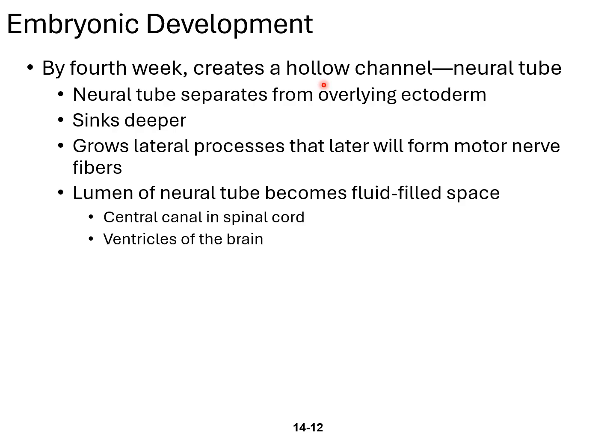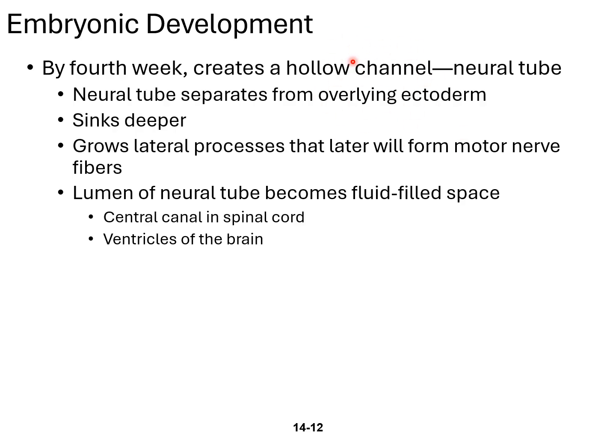So if you go back to spina bifida, how does it involve the fourth week? Because by the fourth week in embryonic development, you don't have a crest anymore. You now have a hollow tube.